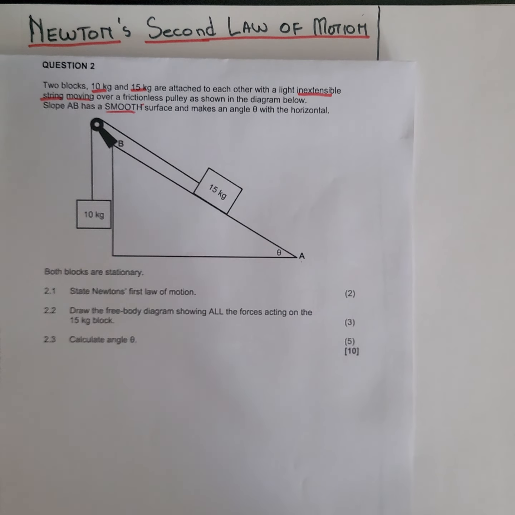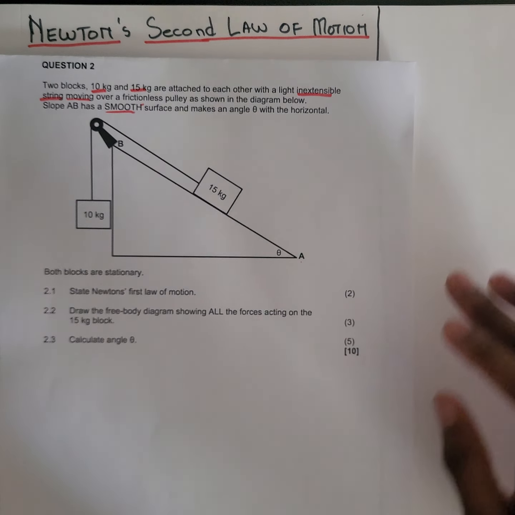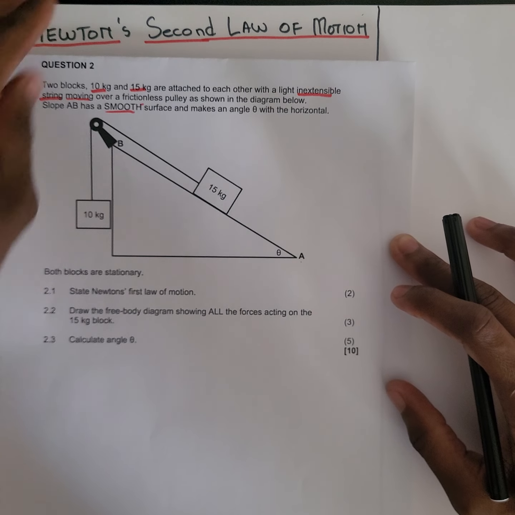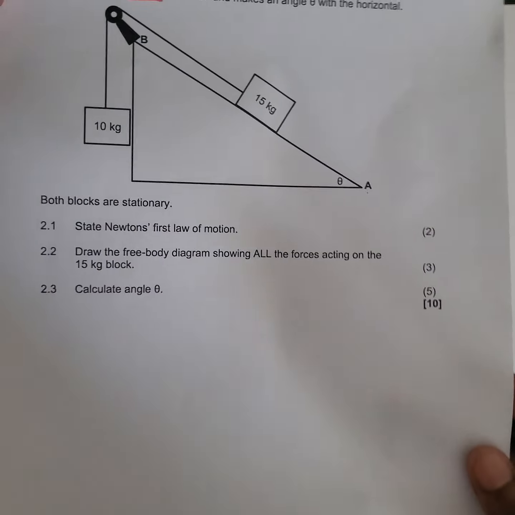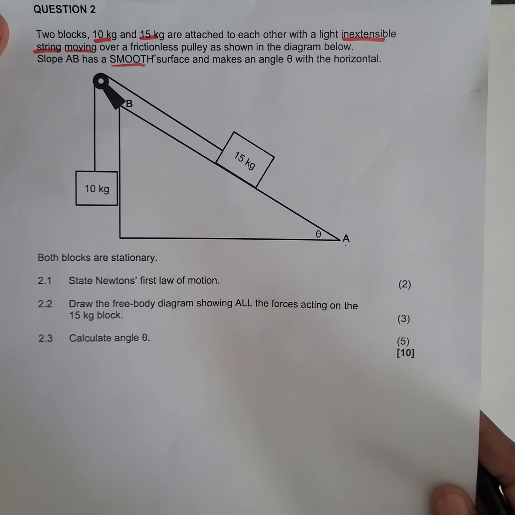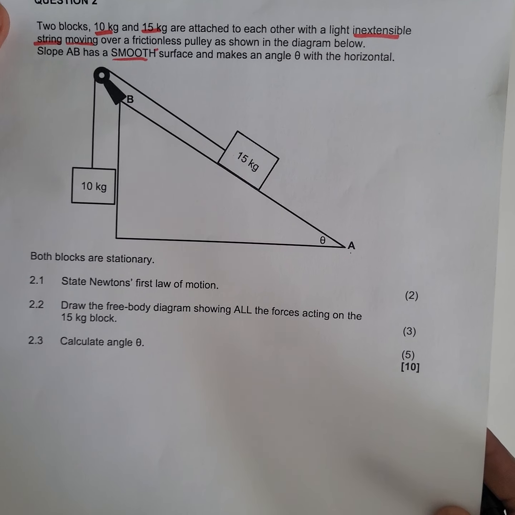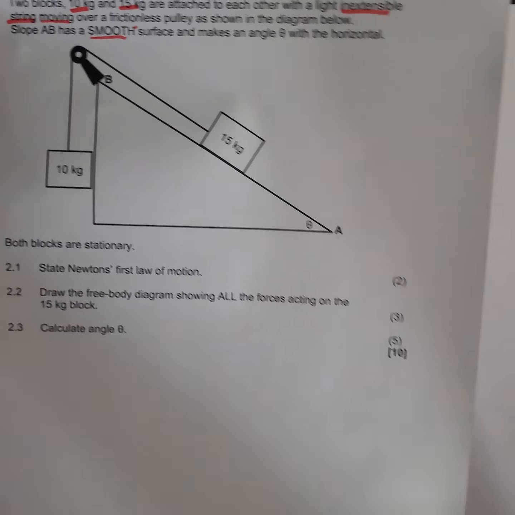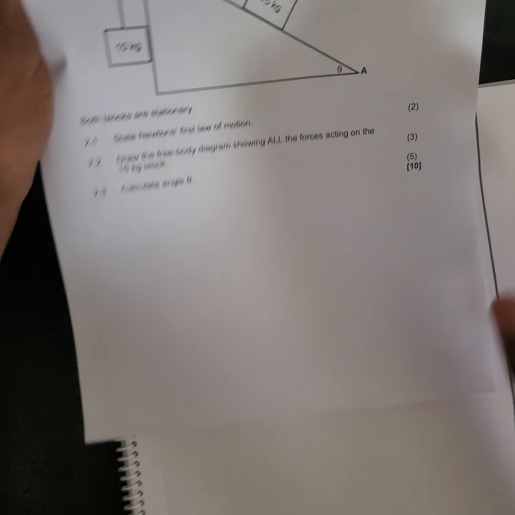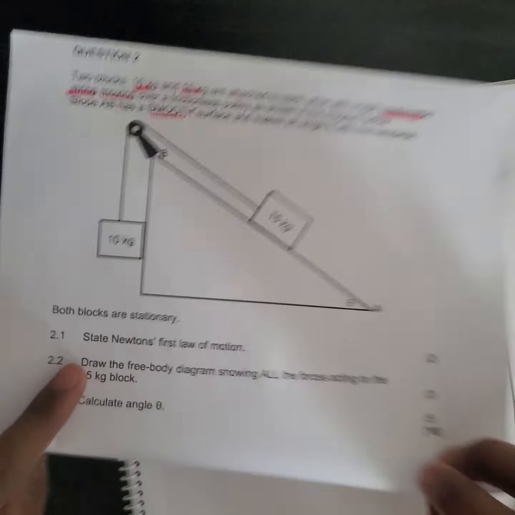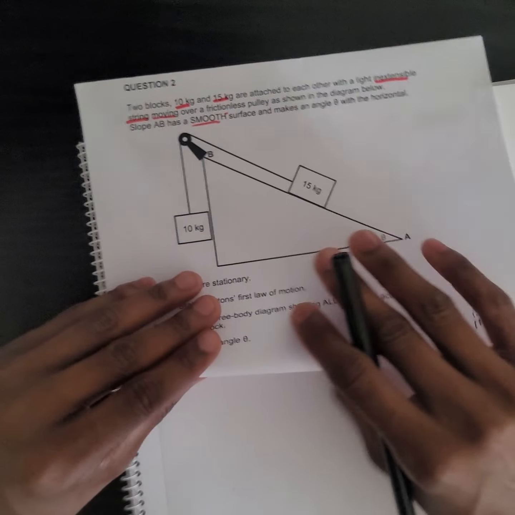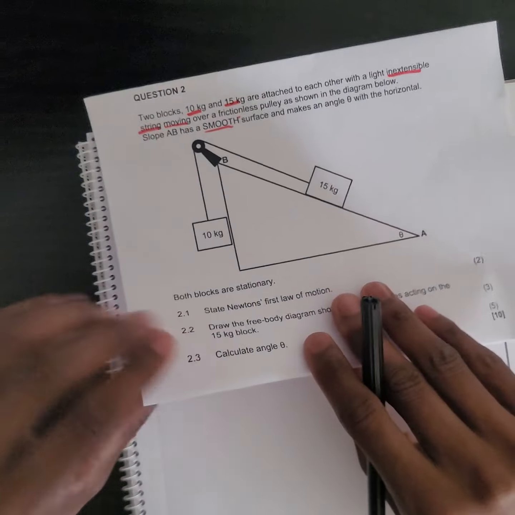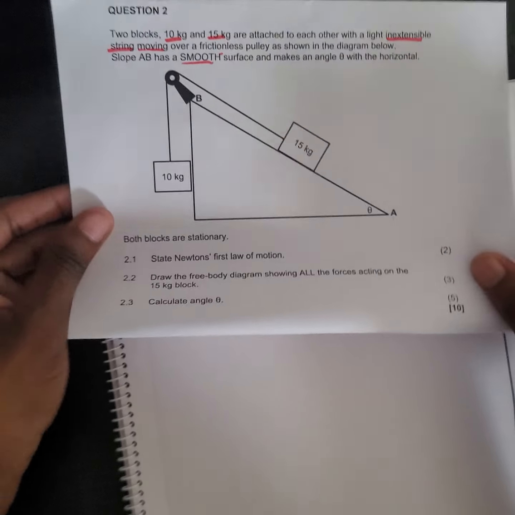I know you'll agree that before attempting to answer these questions, let me bring this closer, we agreed that we have to draw a free body diagram. Let's draw a free body diagram for these two blocks of ours.